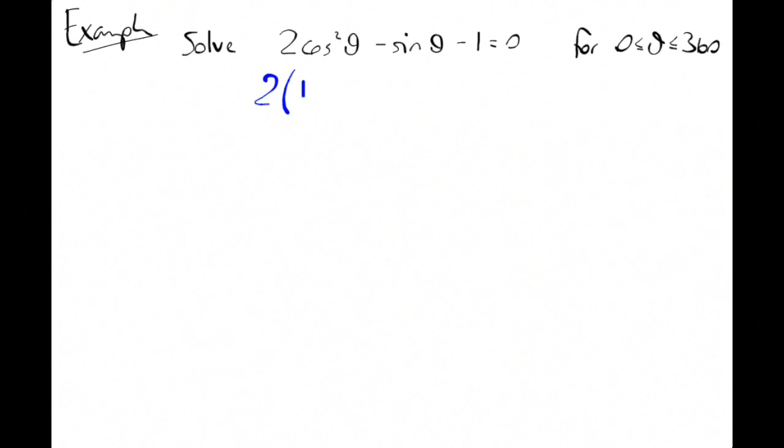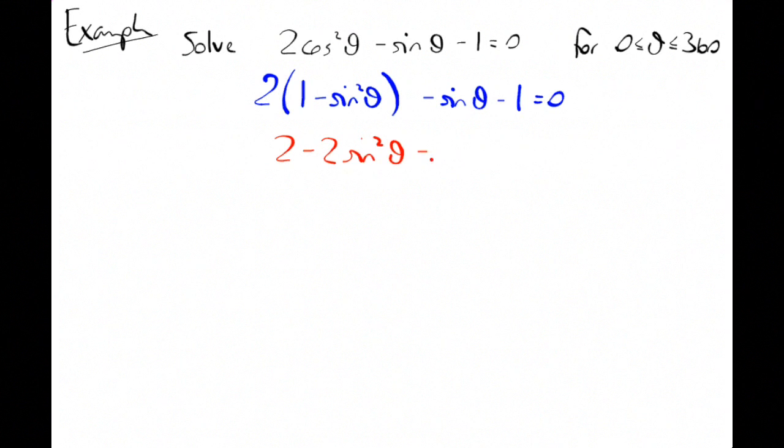So cos squared is the same as 1 minus sine squared. So cos squared theta is 1 minus sine squared theta. So we can sub that in. I get two lots of brackets: 1 minus sine squared theta, minus sine theta, minus 1 equals 0. Expand it all out: 2 minus 2 sine squared theta minus sine theta minus 1 equals 0.